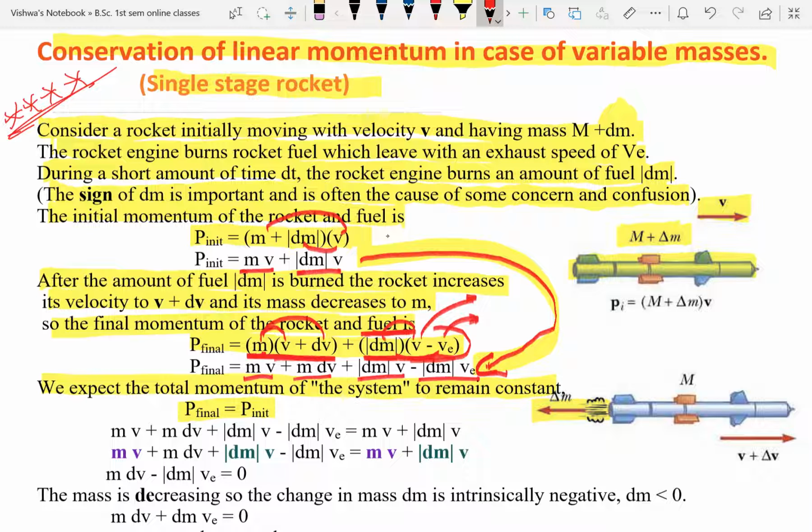P final is mv plus m dv plus dm v minus dm ve, which is equal to the initial momentum, mv plus dm into v. That same step is written again: mv plus m dv plus dm v minus dm ve equals mv plus dm v. Here the terms which cancel get cancelled.